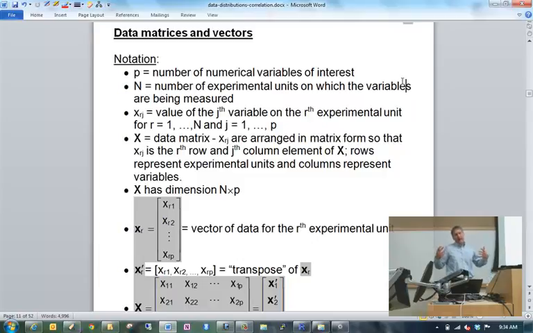So now let's put our data into a more formal mathematical setting so that we can do statistics with it. So throughout the semester, we'll be using the following notation. P is always going to be the number of numerical variables of interest.